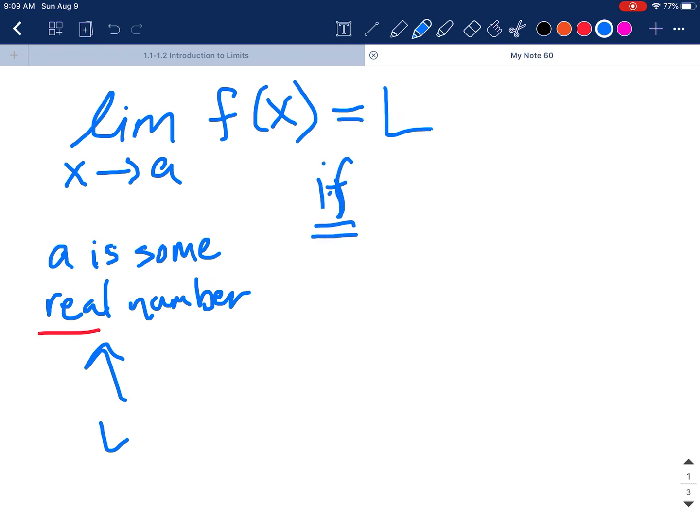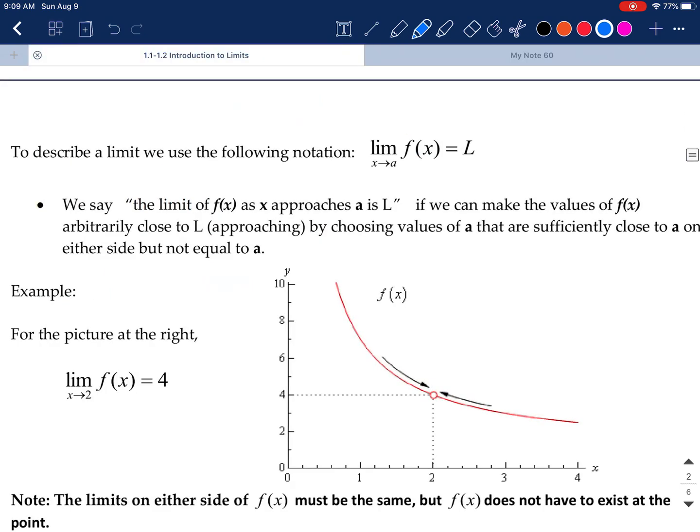so there's a big if here, and if we go back to the wording that I put in the notes, if we can make the values of f arbitrarily close to L. Okay, and for our course, we're not going to get super rigorous on what it means to be arbitrarily close. There's a method of describing limits using what we call epsilons and deltas.